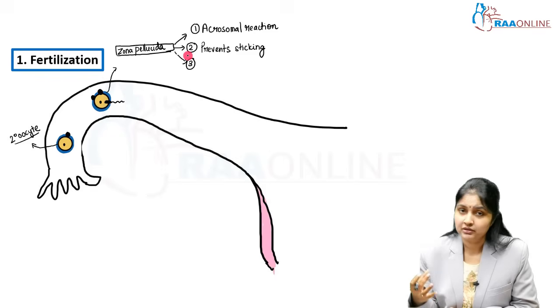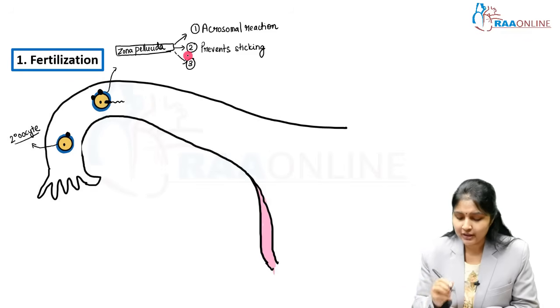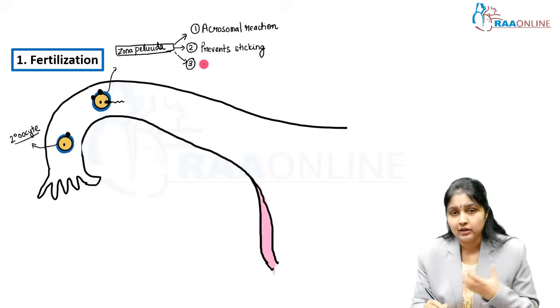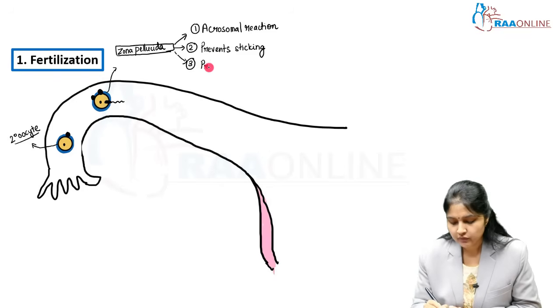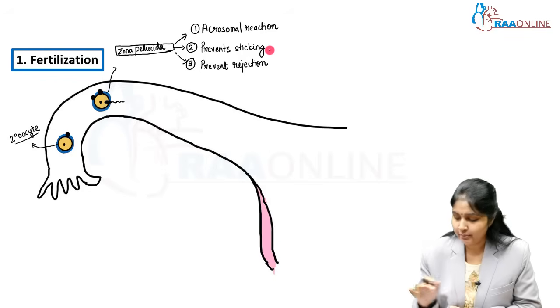You don't want the mother's body to reject this embryo before it attaches or implants itself. So the zona pellucida acts as an important factor to prevent rejection of the developing embryo. So these are the three important functions of zona pellucida.